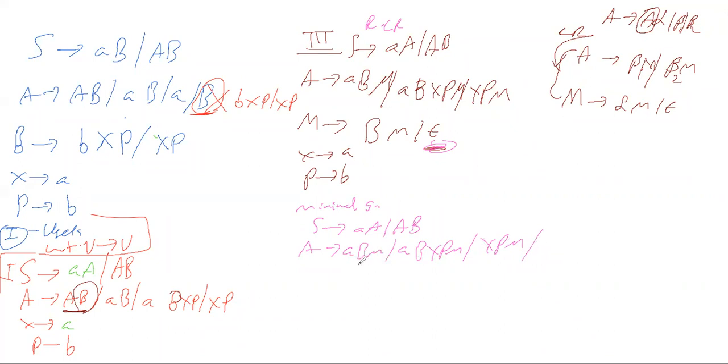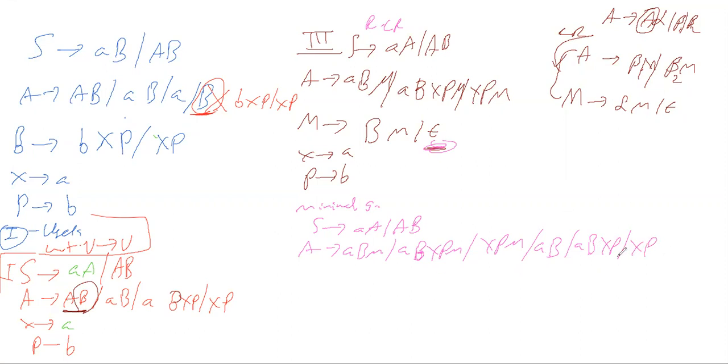So in these productions, assuming that this M is null everywhere. In the first case ABM, there M is null, only AB will be there. Second case, ABXPM. In that case, if M is null, you will get ABXP, and the last one XPM. Assuming M is null, only XP will come.